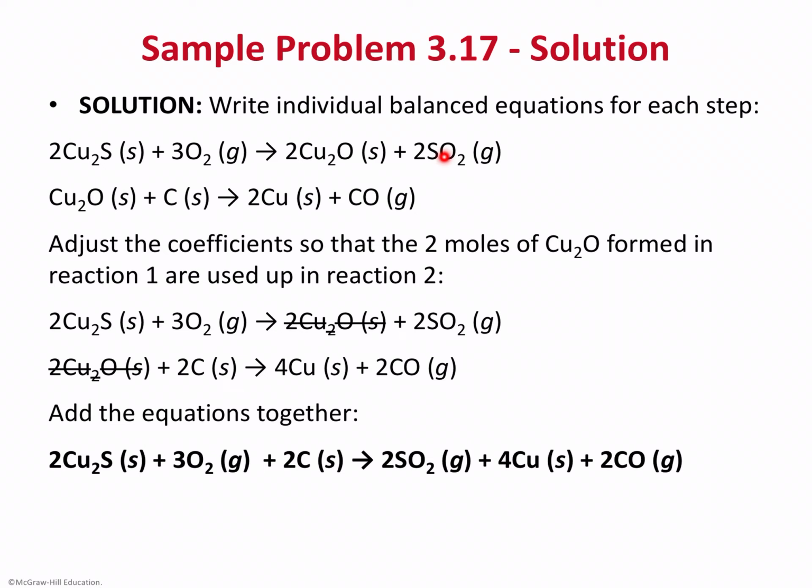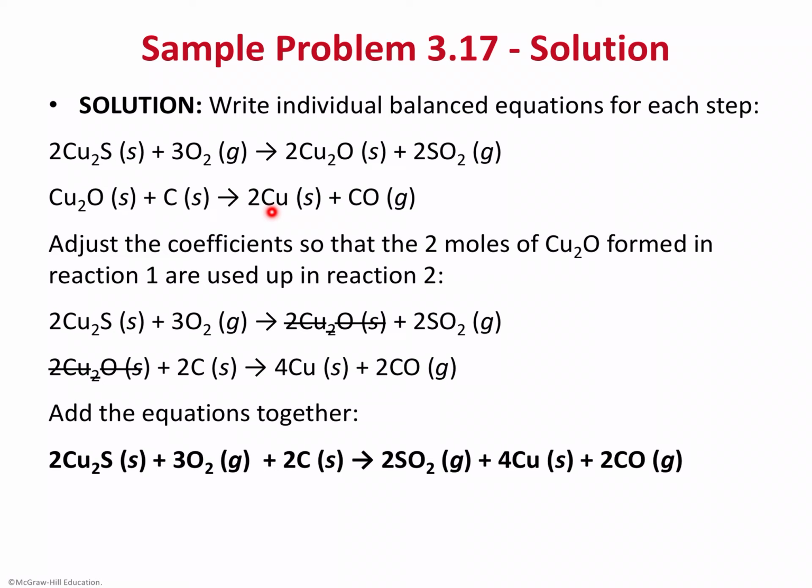Now remember we did this one together: copper 1 sulfide with oxygen giving us copper oxide and sulfur dioxide. So the second step is the copper oxide that we formed in the first reaction reacting with carbon to form copper and carbon monoxide. So in the second reaction is when we make the copper, our desired product.